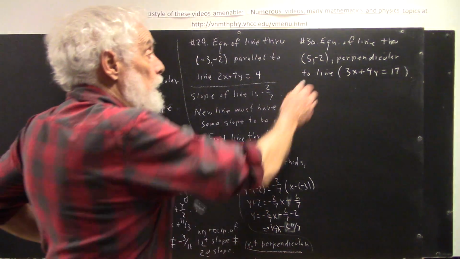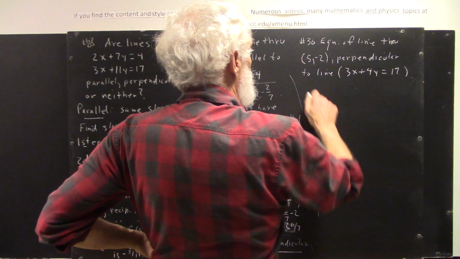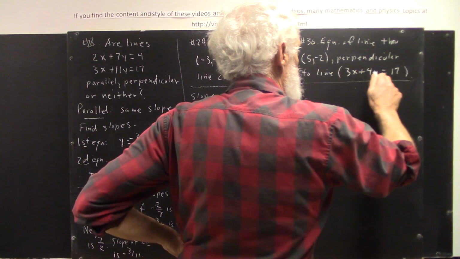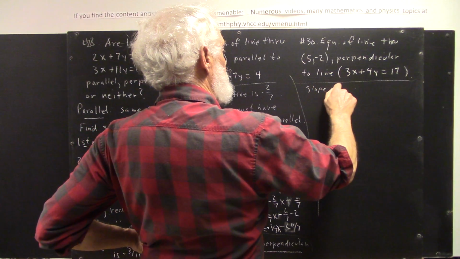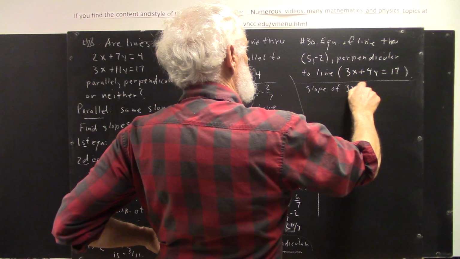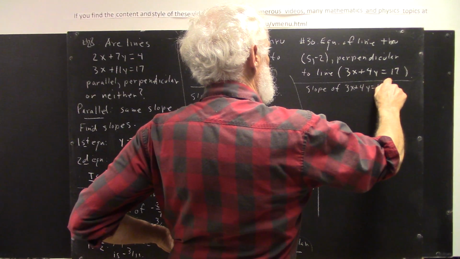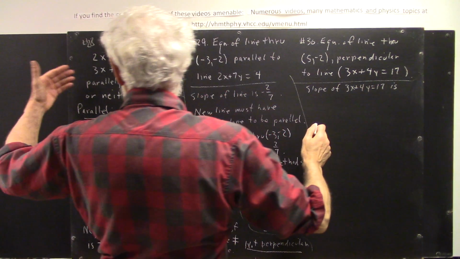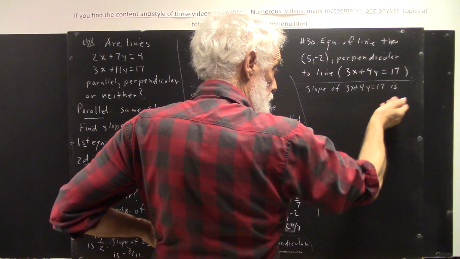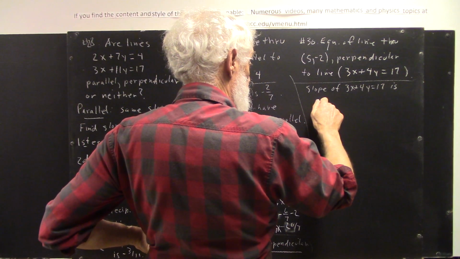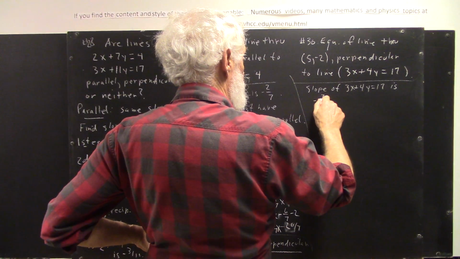Okay. Now the equation of a line through 5, negative 2 perpendicular to this line. The slope of 3x plus 4y equals 17 is, as we saw previously, negative 3/4, because if we put the 3x over here, it'll be negative 3x divided by 4.